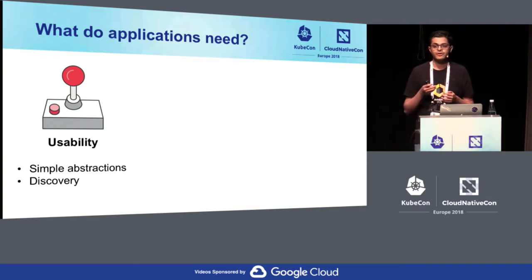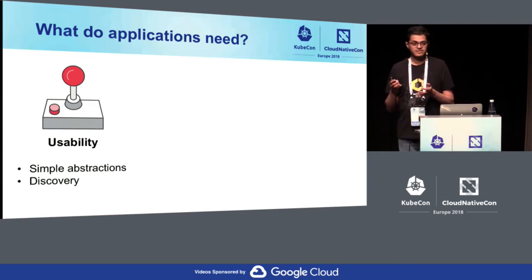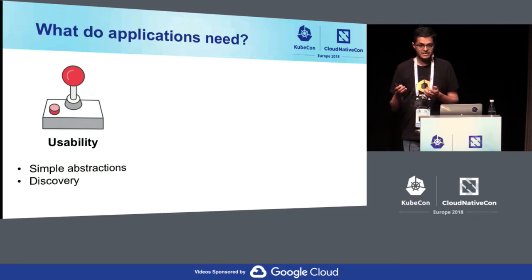For example, if you want to bring in your own software-defined load balancer solution, you should be able to do that. If you wanted to bring in your own service discovery solution, you should be able to do that. And service discovery is also an interesting example for the next set of requirements, which is containers need to communicate with each other.